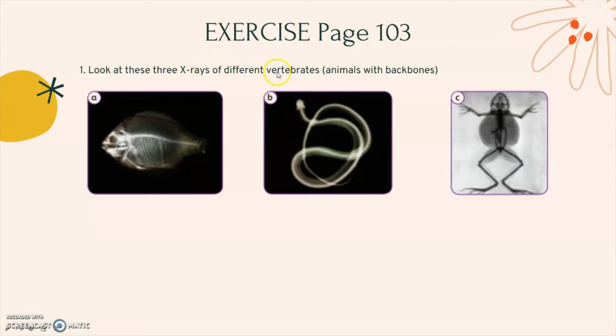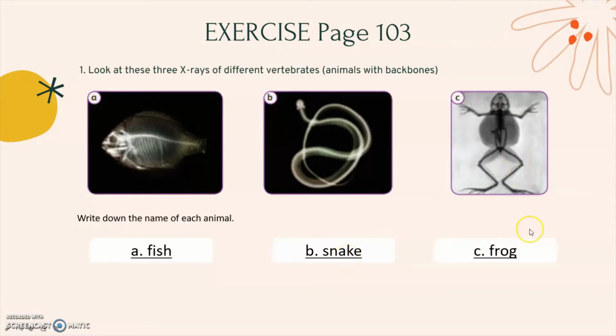Next, I have 3 pictures, different X-rays from vertebrates A, B, and C. Write down the name of each animal. A, this X-ray is from a fish, B is from a snake, and C is from a frog.